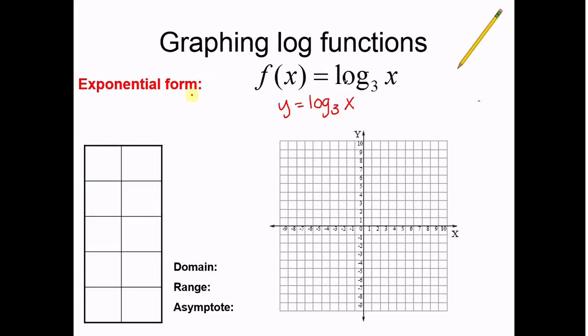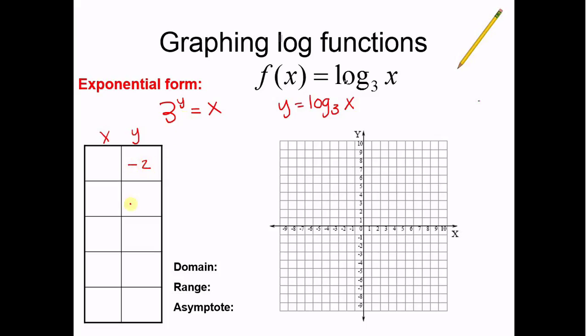So let's convert that into our exponential form. That would be 3 to the y equals x, right? So why can't I plug in for y to get my x? You're saying, whoa, Miss Marsh, that's a little strange, but it actually works.